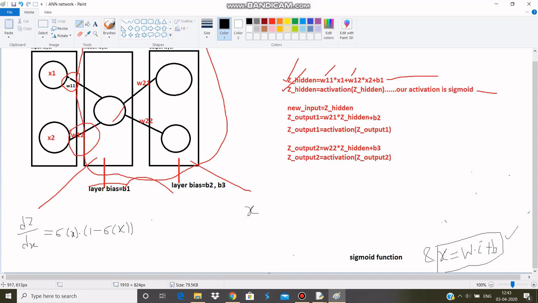Okay, so now x was represented as x is equal to w dot I plus b. Okay, so we represent that in that way.